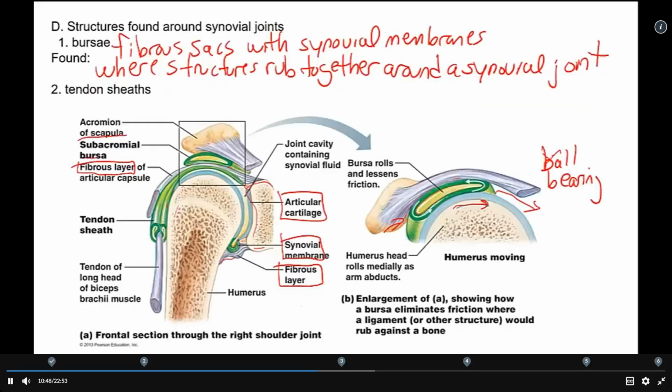Another structure you can see in this picture is actually called a tendon sheath. And a tendon sheath is an elongated bursa that wraps around a tendon, kind of like a hot dog roll wraps around a hot dog.